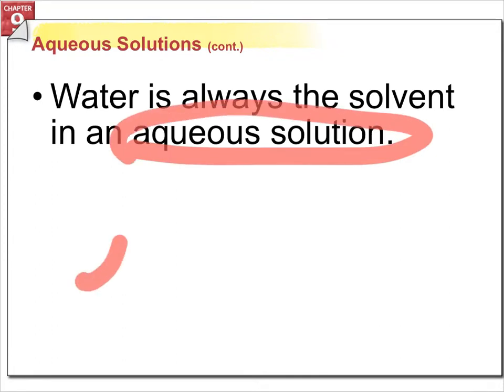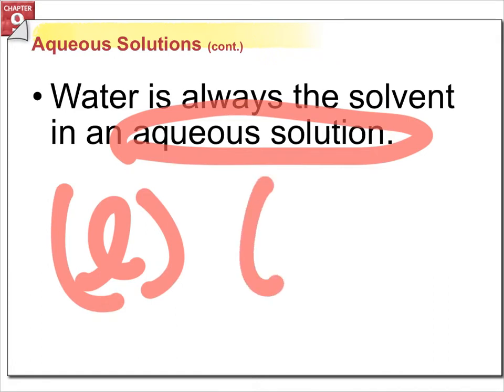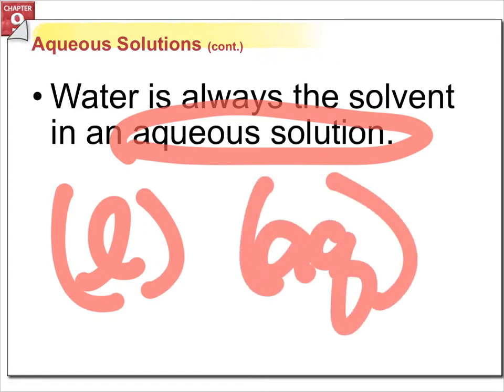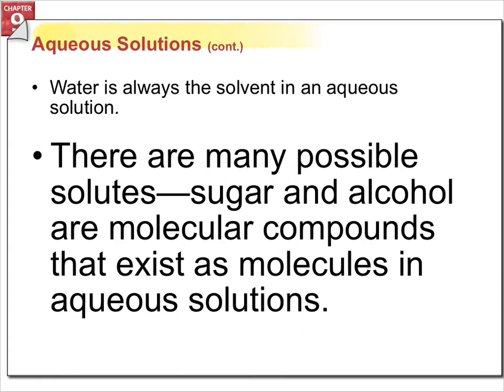Remember the difference between if we have a liquid or if we have an aqueous solution? Aqueous always has to be water. Liquid could be something like bromine, which is liquid at room temp. There are many possible solutes. Sugar and alcohol are molecular compounds that exist as molecules in aqueous solutions.